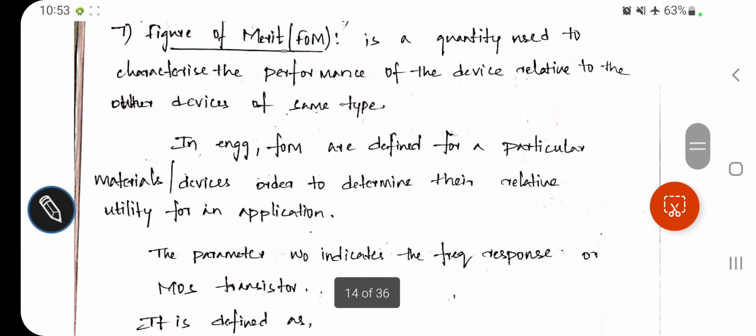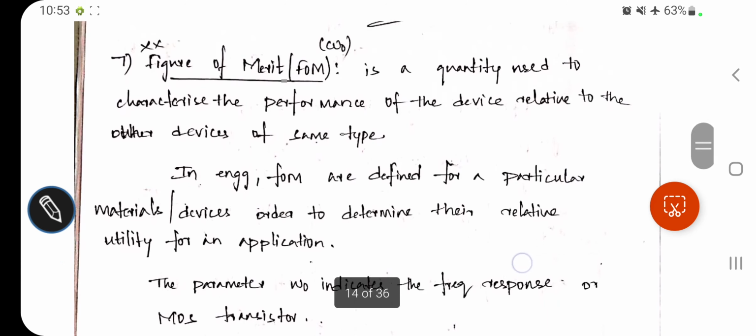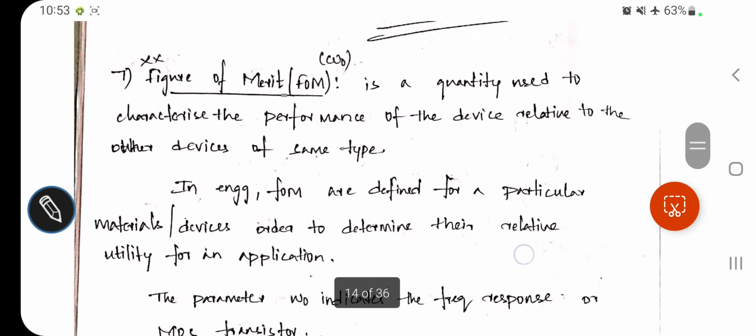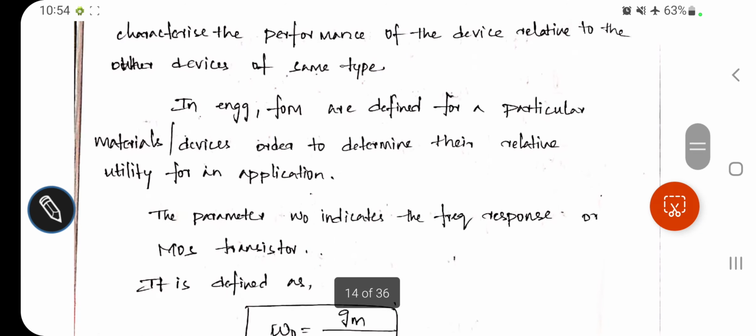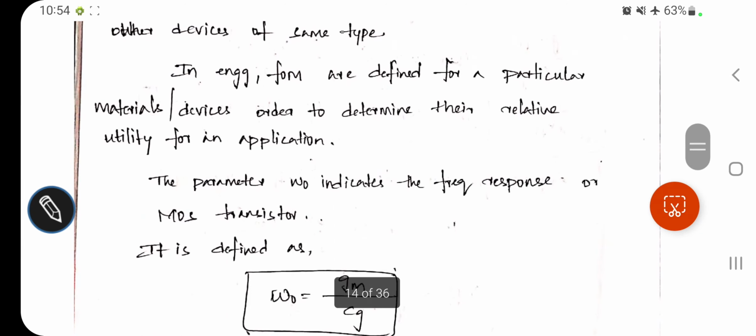Next we have the topic of figure of merit. What is figure of merit? It is a quantity needed for giving the performance of any device, related to the device. It can be related to a particular material or device, NMOS, PMOS or CMOS.